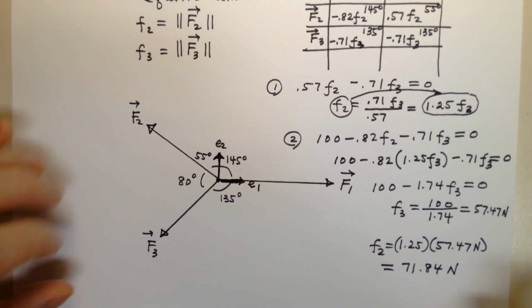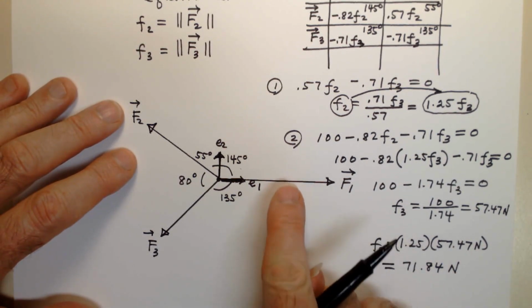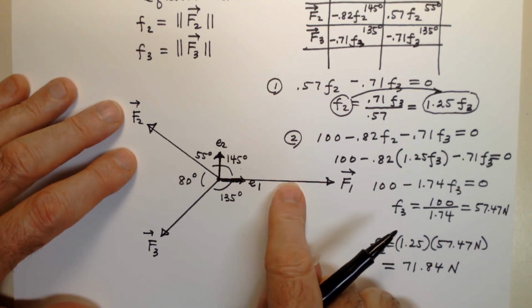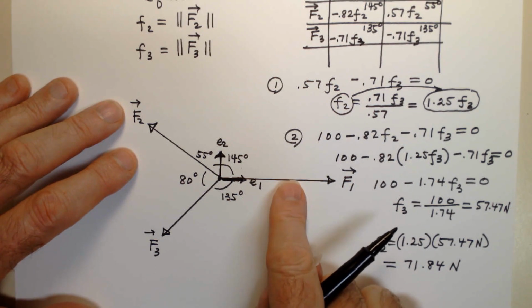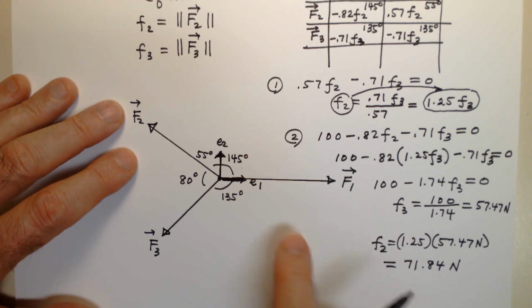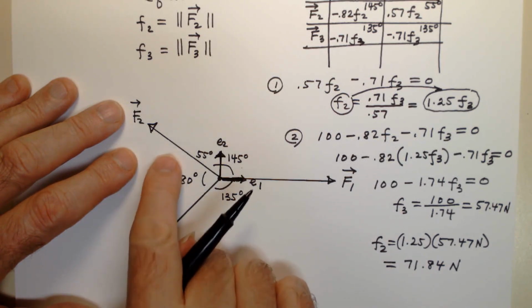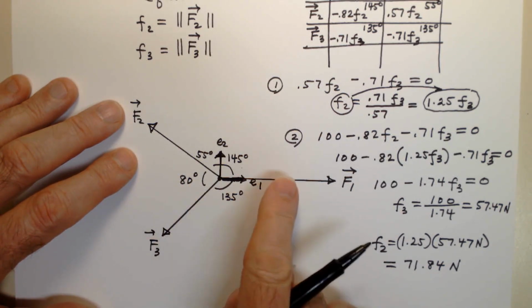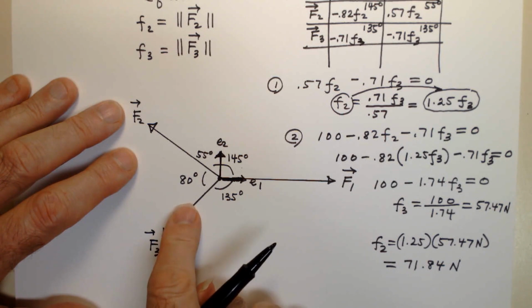So in order of magnitude, we see that this is the largest, right? F1 has 100 newtons of force directed along it. Next is going to be F2. And then the last is going to be F3. So strongest, second strongest, weakest.